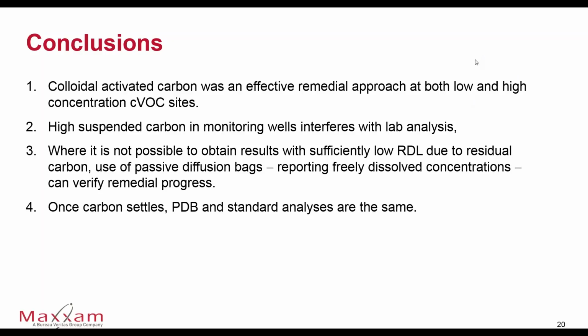I'll wait for Heather to chime in, but at that level you still have a little potential for cross interference, because you're going to have some of the sorbed material still on the carbon. So there still is a little bit of a chance for some interference.